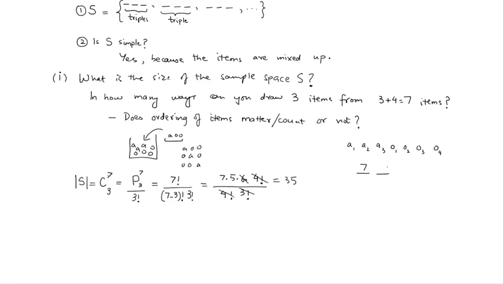But if one of them is gone, then the second item can be selected from 6 remaining fruits. And if these 2 are gone, then the third item can be selected from 5 remaining fruits. By the multiplication principle, this is the number of ways that I can select 3 items.